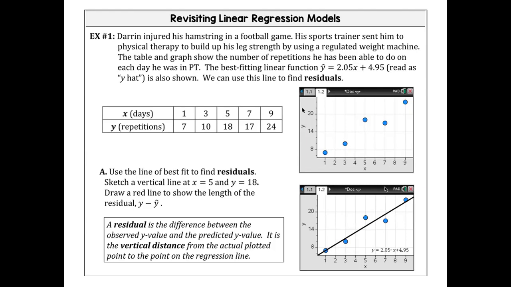Okay, we can use the line to find the residuals. So we're going to work on finding the residuals. If you remember from Algebra 2, when we're looking for our residuals, what does that mean we're doing? Anyone? Yes. So it's actual minus your predicted, right? So we're looking at our actual values minus what it says using your regression model, okay? To explain it more, a residual is the difference between the observed y value and the predicted y value, but it's our actual minus our predicted.